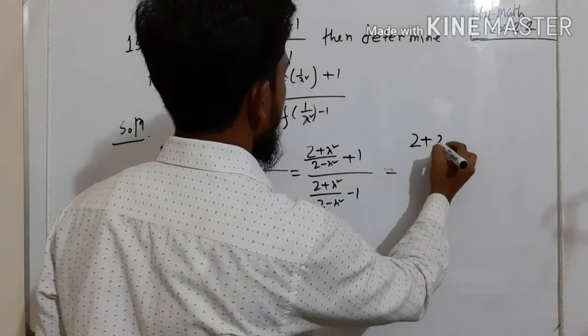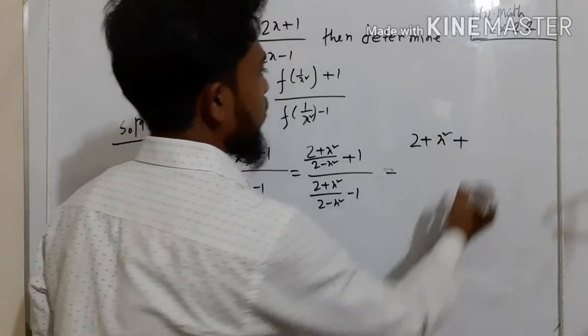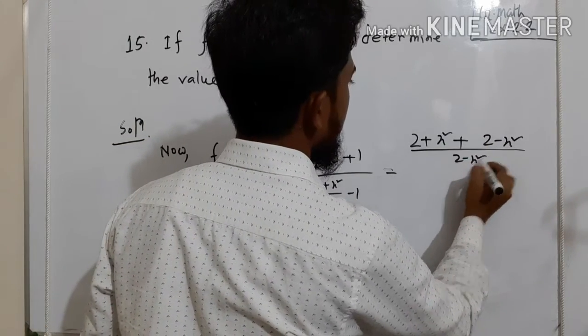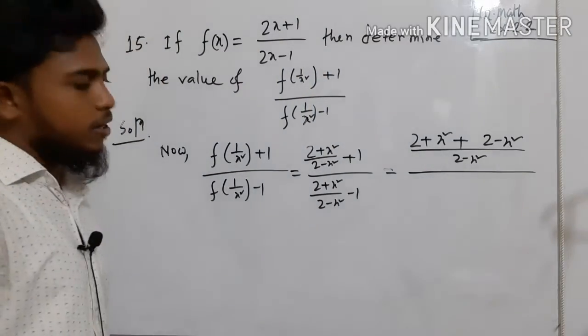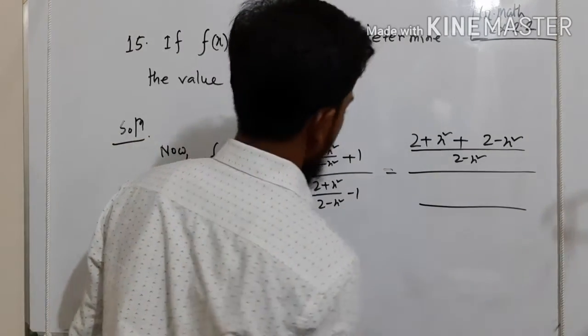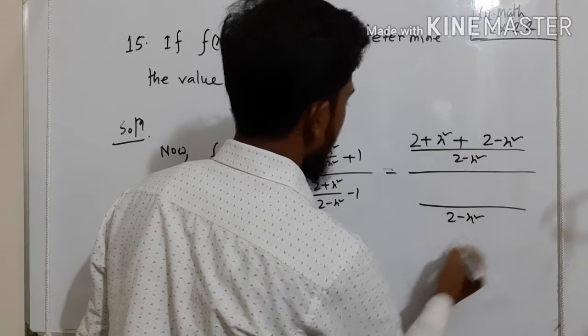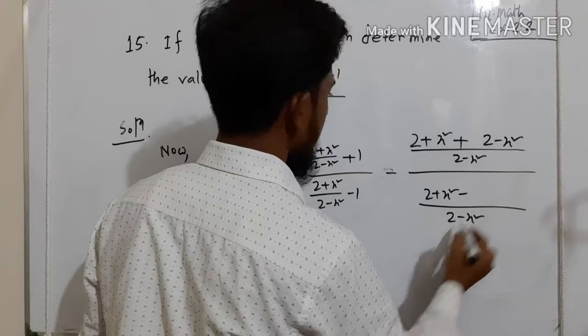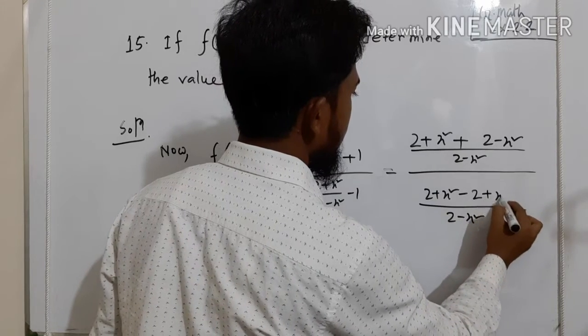So 2 plus x square plus 2 minus x square divided by 2 minus x square, divided by, LCM 2 minus x square, so 2 plus x square minus 2 plus x square.